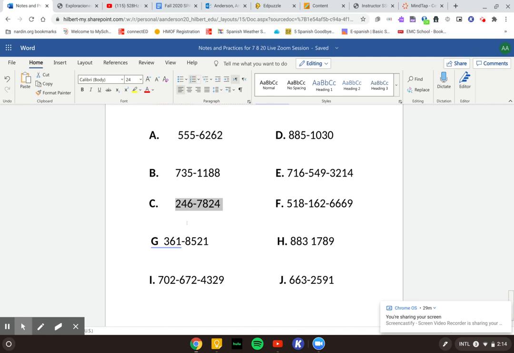We could do 246-7824, since you do know how to say 20. ¿Cuál es tu número de teléfono? Here we could say 885-1030. ¿Cuál es tu número de teléfono?